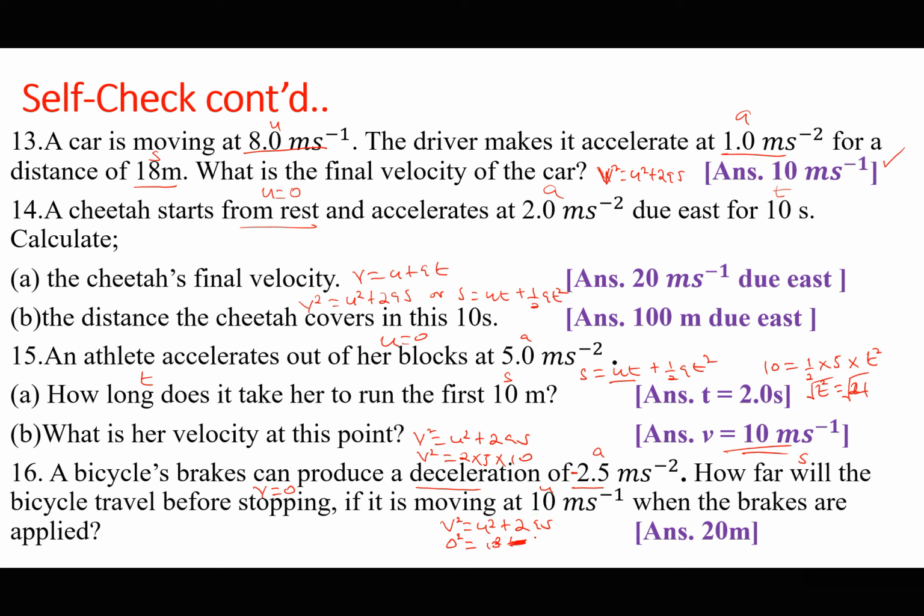So this becomes minus 2 times 2.5, then times s. So I just make s the subject. So this means s is going to be 10 squared divided by 5. That is 2 times 2.5, which is 5. So that means s is going to be 100 divided by 5, which is 20 meters.